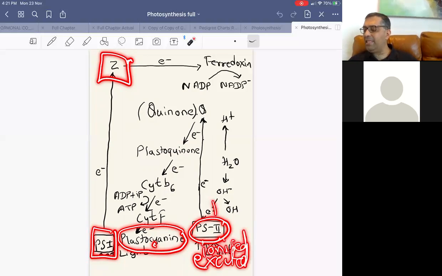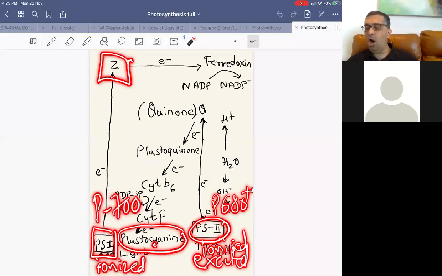So it is P680 plus. It has lost its electron, and PS1 is also ionized. It is P700 plus, not P700, because it has lost its electron.